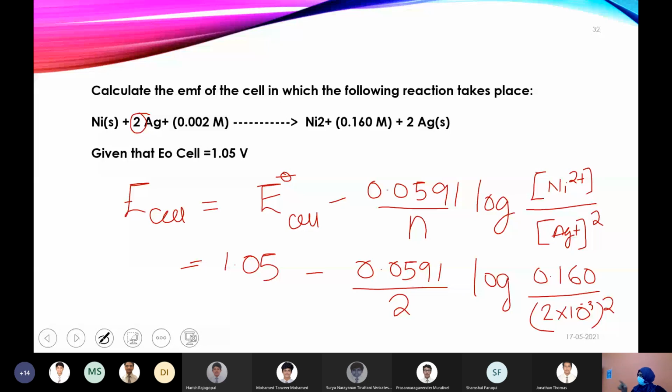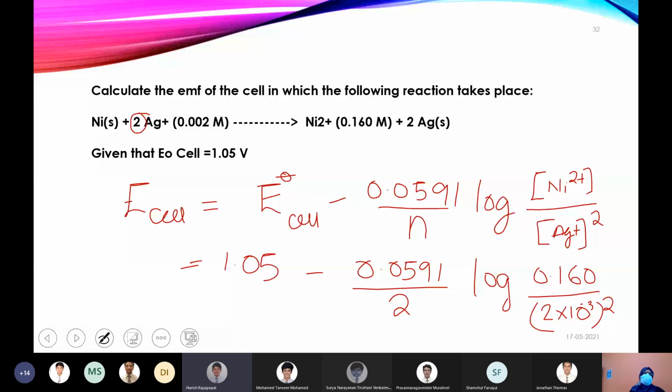When you write in scientific, it's already LOG. The other one is LN. Is the answer minus 710.51? You're talking about the E cell final thing or the log? Let's see.